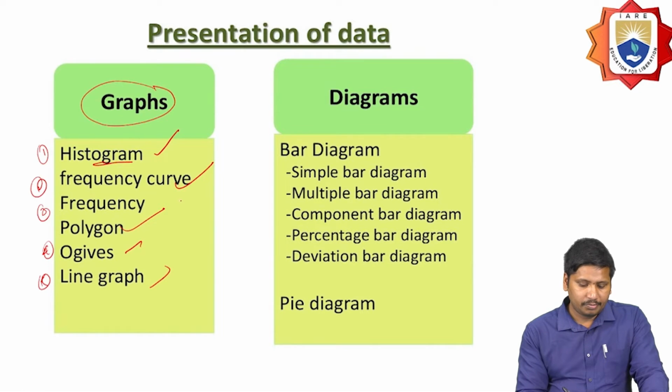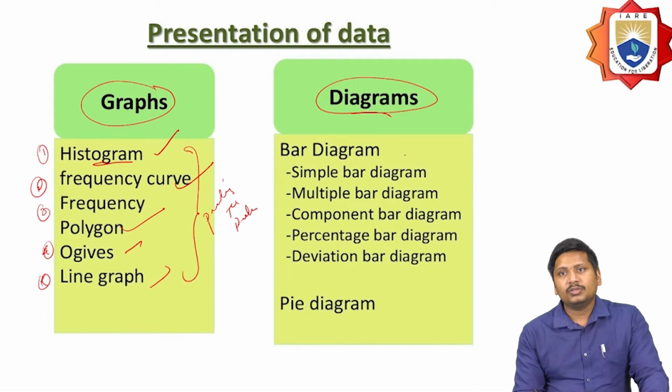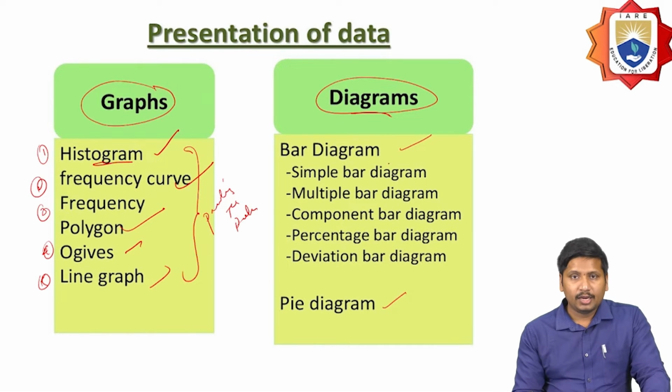So these are the 5 types of graphs for representing data. When it comes to diagrams, we have bar diagrams and pie diagrams. The bar diagram is divided further into simple bar, multiple bar, component bar, percentage bar, and deviation bar. Like this, we have different types of bar diagrams.